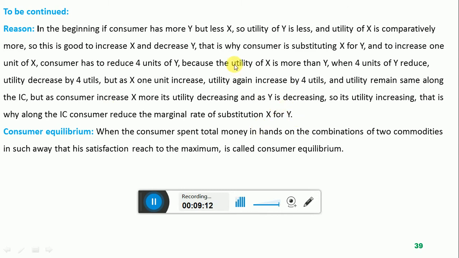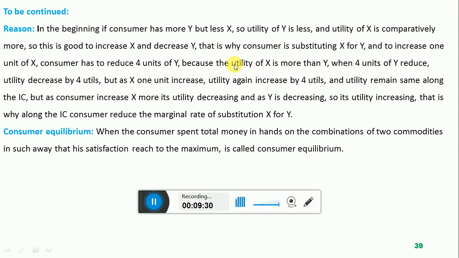I am again summarizing that the rate of substitution along the indifference curve is diminishing. The reason is this: when the consumer increases X, the utility of X is decreasing for the consumer, and when Y decreases, the utility of Y is increasing.